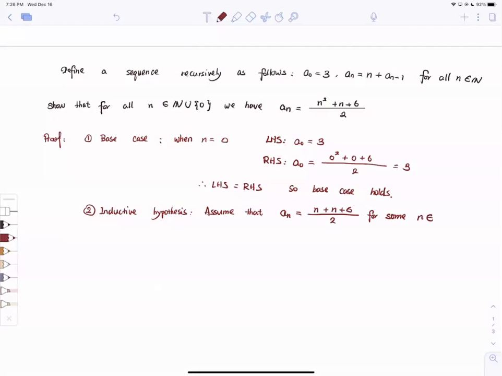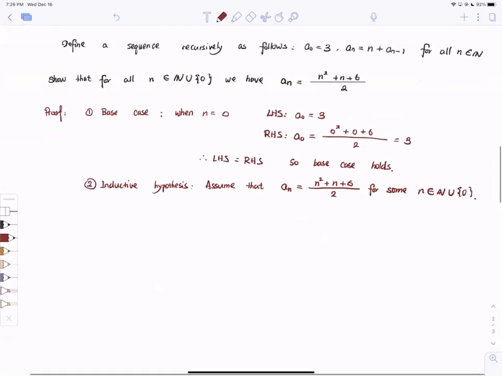What do we put here? For some n in what? Yeah, natural number with 0, exactly. Okay?